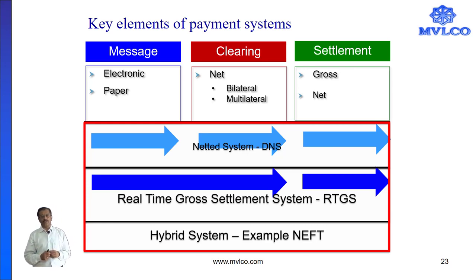Now we could have examples of this from different places. One example of this would be the STEP2 mechanism in the Single Euro Payments Area. In the STEP2 mechanism, STEP2 will compute the net obligation and then inform TARGET2, which is the RTGS system of the Single Euro Payments Area, to carry out the settlement.